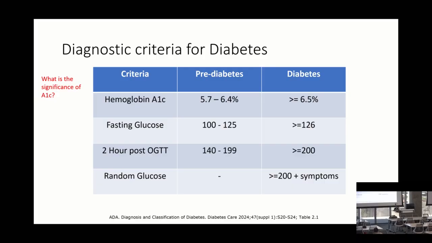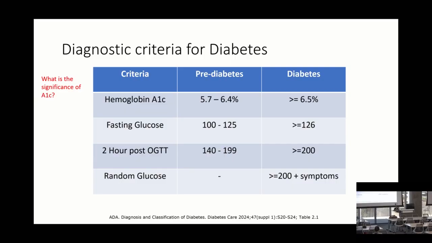It's non-enzymatic glycation of hemoglobin A. It's non-enzymatic, which means that it doesn't depend on any enzyme. If the glucose is high, it gets glycated on the hemoglobin A. When you measure A1C, it's dependent on how much glucose, so the higher the glucose and the longer the period, the higher the A1C.